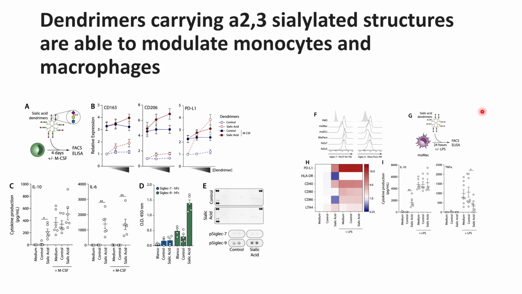So this further made a point that sialic acid can cause immune suppression also in pro-inflammatory conditions, such as in this case in the presence of the pro-inflammatory agent LPS. So this further made a point that sialic acid could differentiate these monocyte derived macrophages in a way that can help the tumor cells in immune evasion.